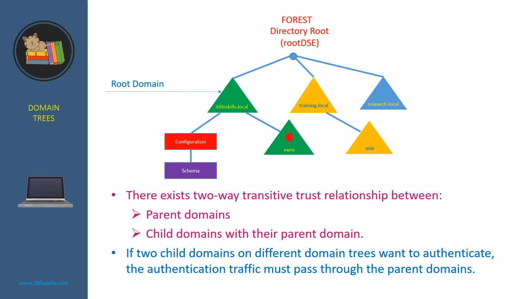So in this forest, Euro has two-way transitive trust relationship with itlifeskills.local, and Asia has two-way transitive trust relationship with training.local. If two child domains on different domain trees want to authenticate, the authentication traffic must pass through the parent domains like this.